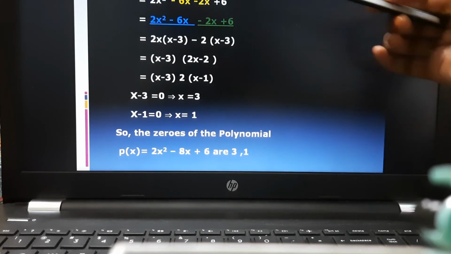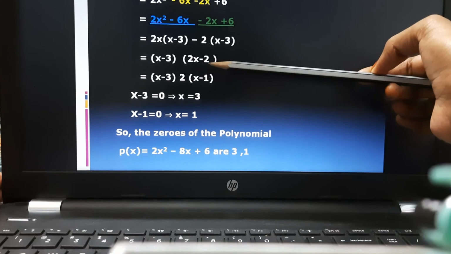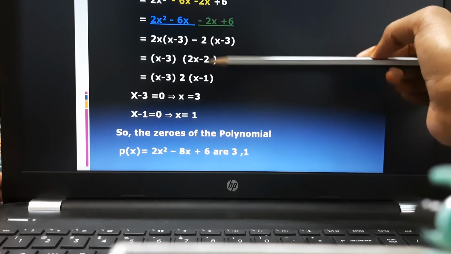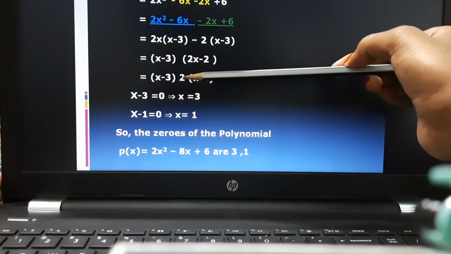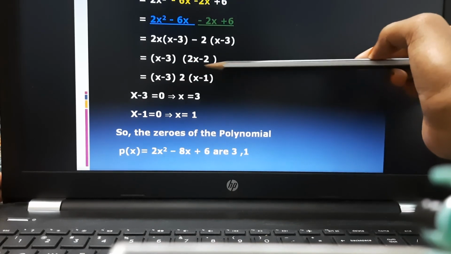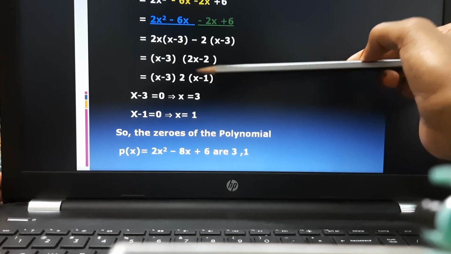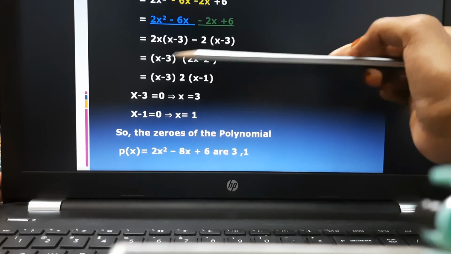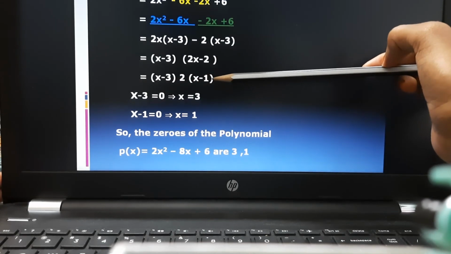Here you can see one more common thing in 2x minus 2. In these two terms, we have 2 common. So x minus 3 into 2 common. We are left with x minus 1. So x minus 3 into 2 into x minus 1.